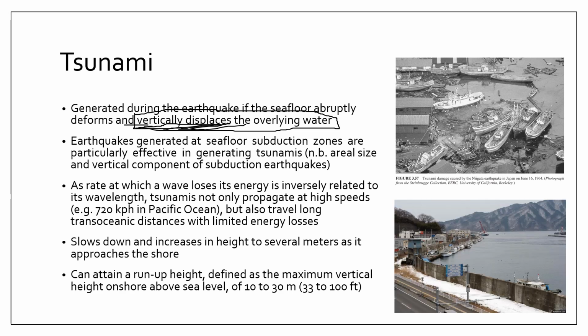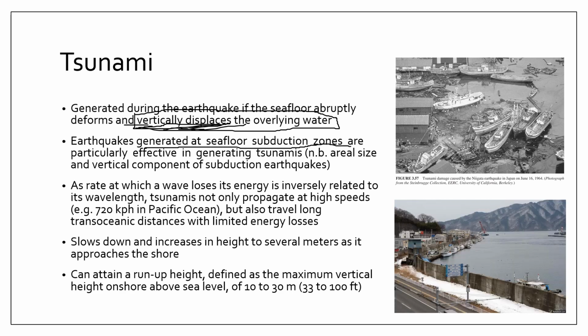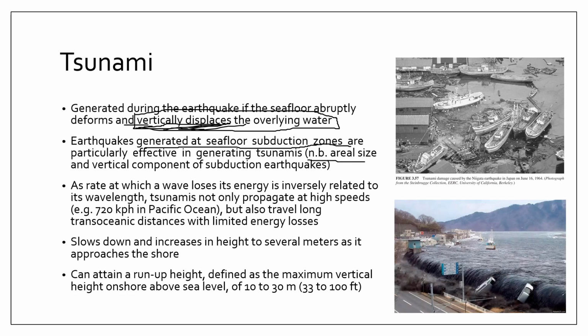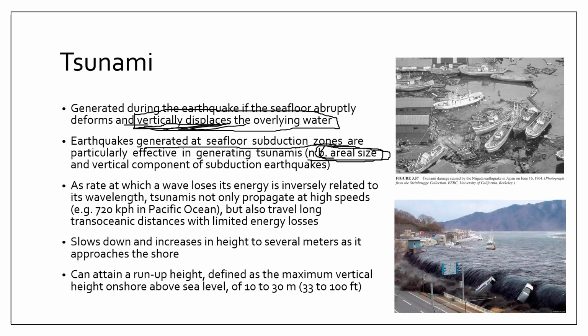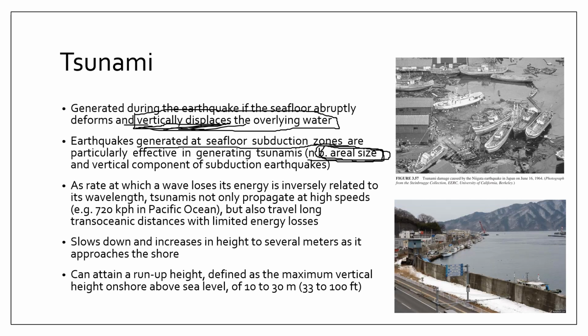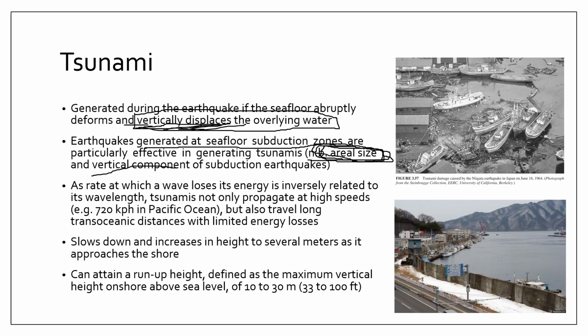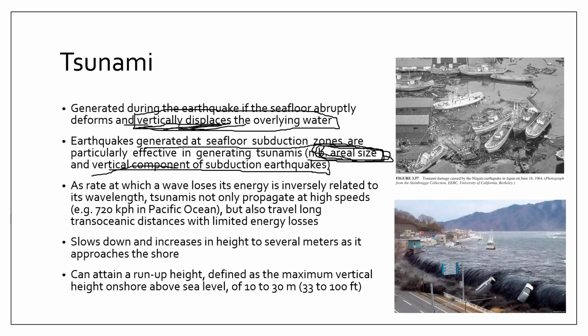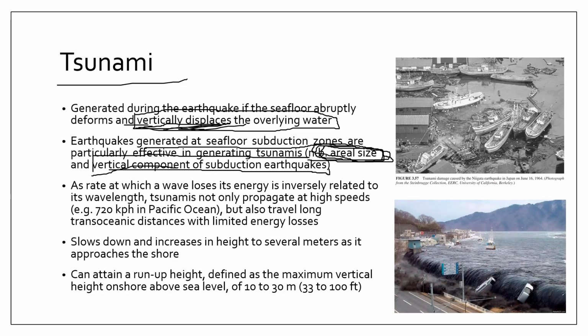Typically the most common areas that generate tsunamis are your subduction zones, which involve really large areas. So earthquakes in subduction zones involve large areas of faulting, and you also have a lot of vertical component in subduction zones. So they are the prime spots where you can generate a tsunami.